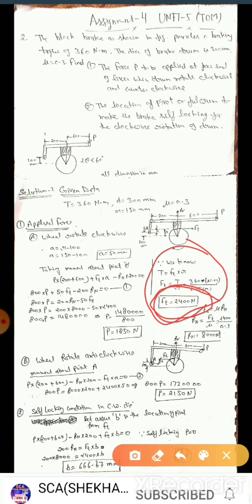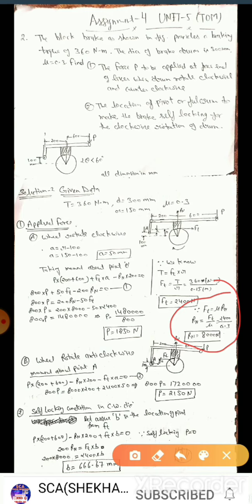2400 Newton, and we also find the value of Rn by using this relationship. We know Ft is equal to mu Rn. We have the value of mu as 0.3.